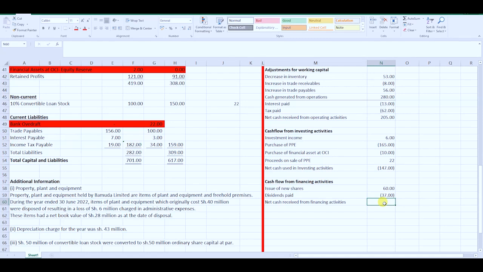We just get the sum of the new issue of shares and the dividends paid. So plus sum, like that. We close the brackets like that.